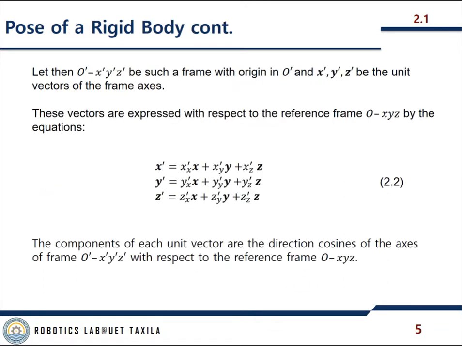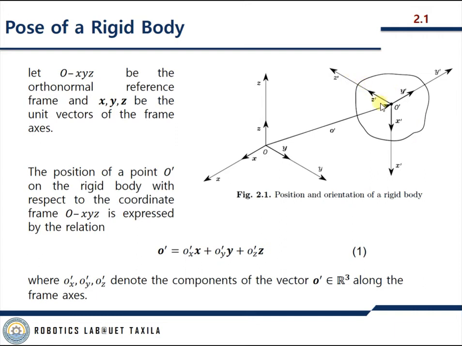What we are doing actually is attaching a frame over a rigid body, giving it a frame of axes like x bar, y bar, z bar, and then these unit vectors are going to be represented with respect to this frame.